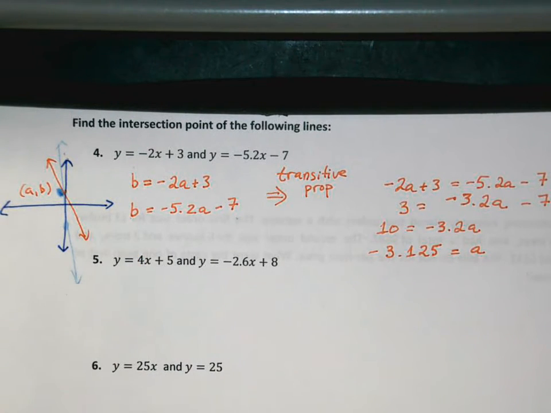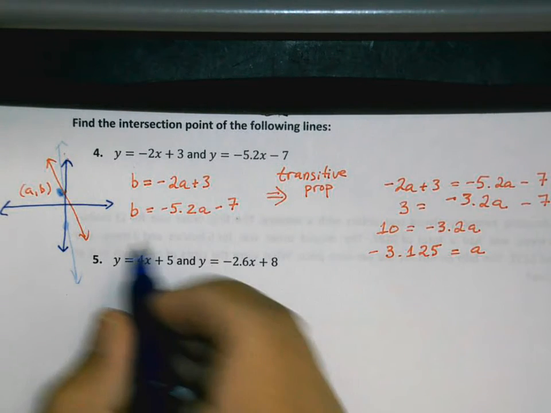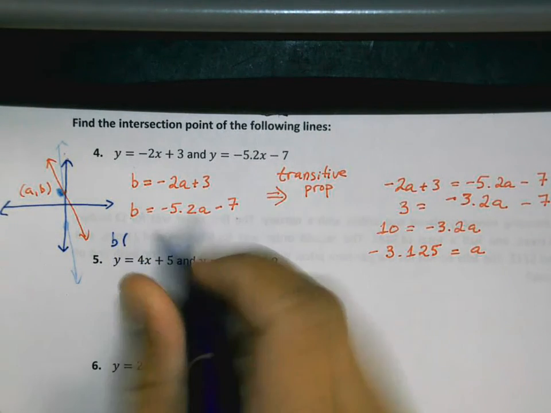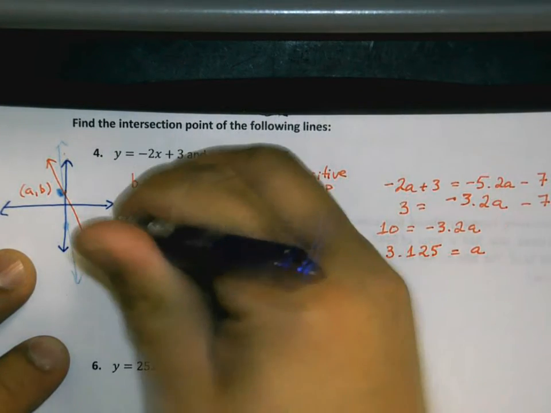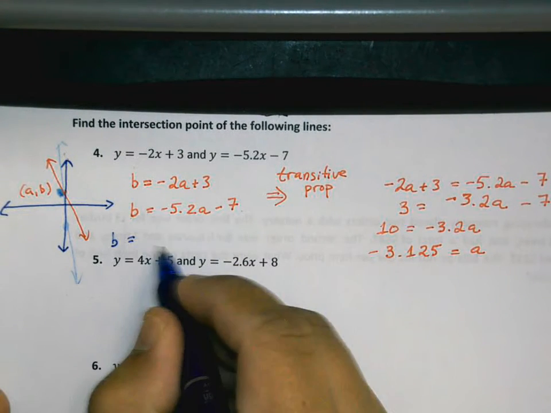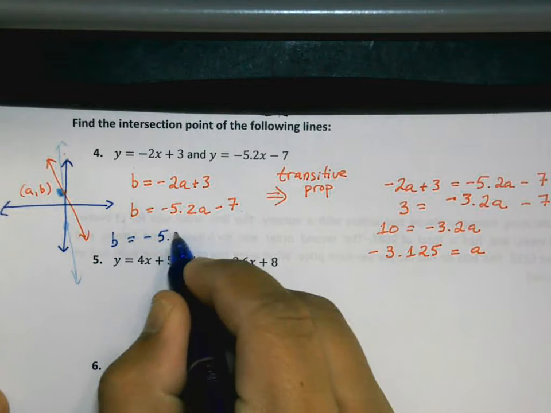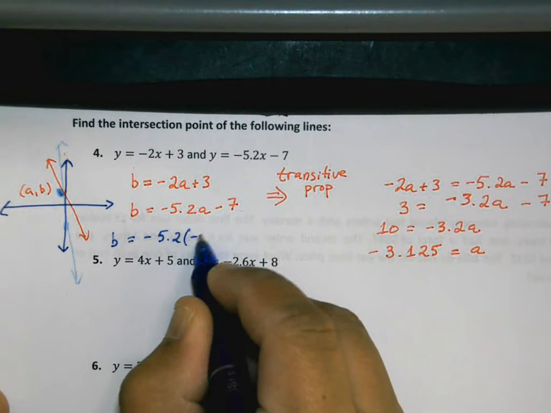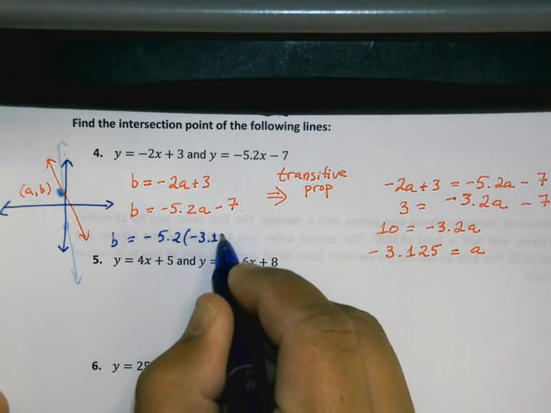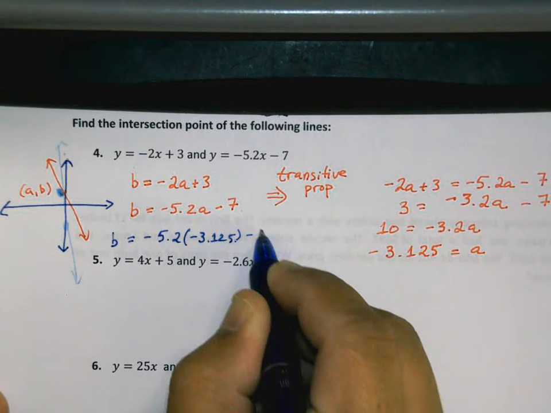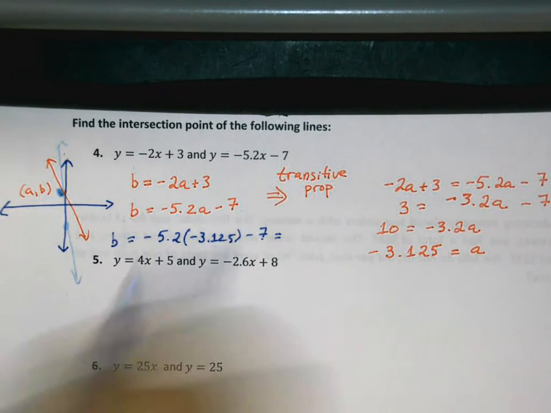Now I still have to solve for B, so I can back substitute, taking this value and plugging it in here. So B is equal to -5.2 times -3.125 minus 7.